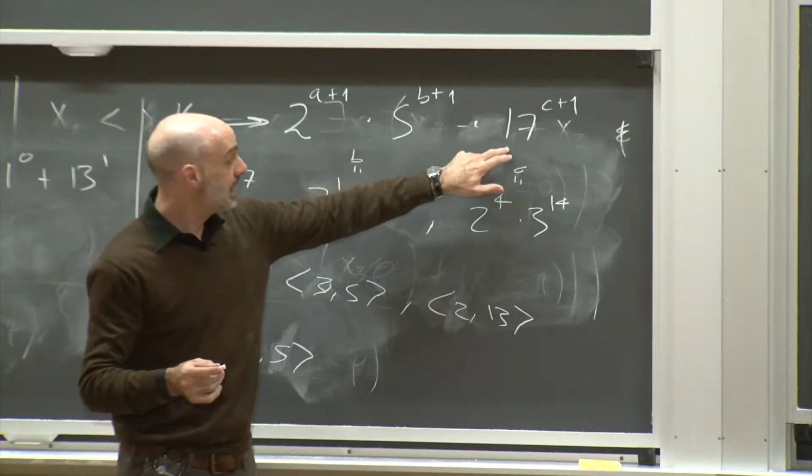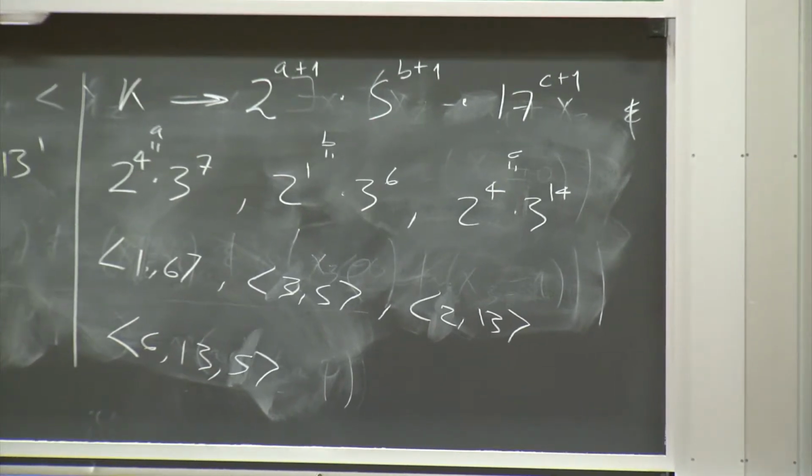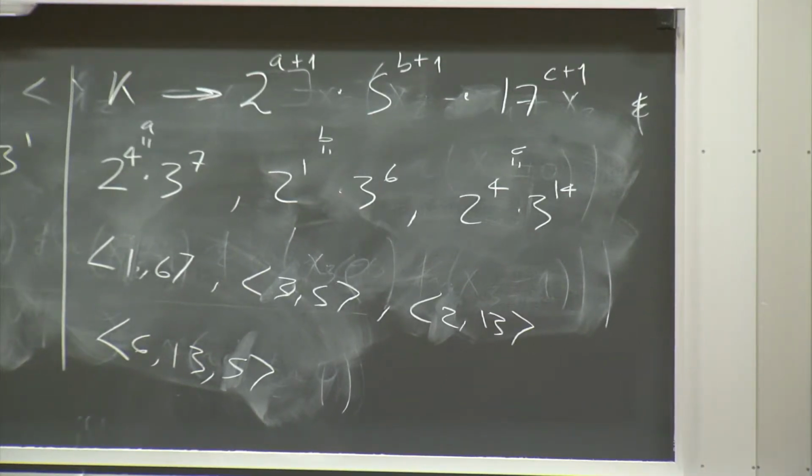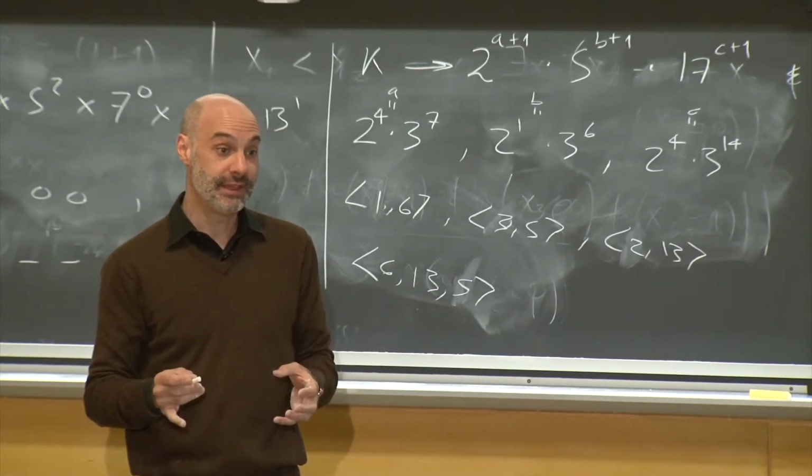Sorry, is that 7, not 7 to the C plus 1, not 17 to the C plus 1? I picked 17 just to illustrate that you might skip some primes. For a good reason, but not a reason I've explained. It's because there are certain things that are easy and certain things that are hard.